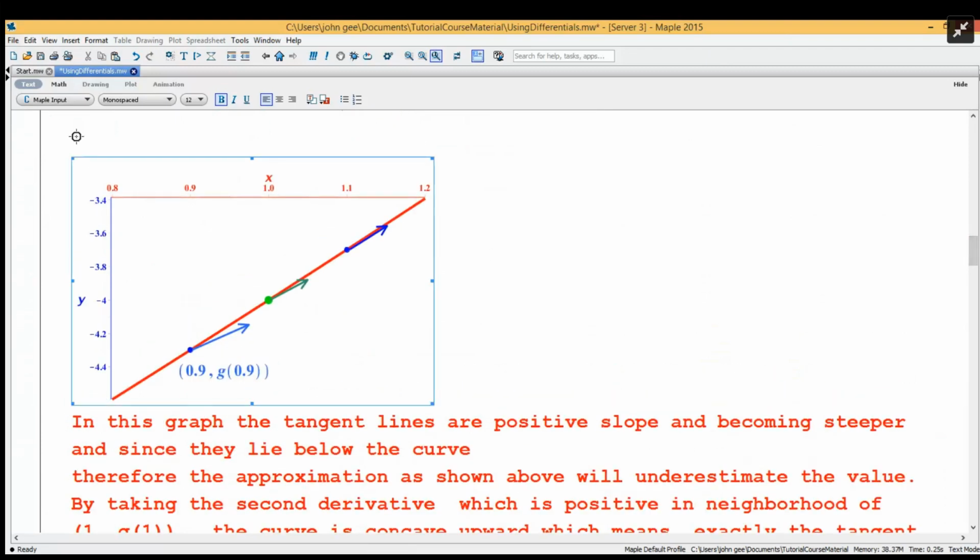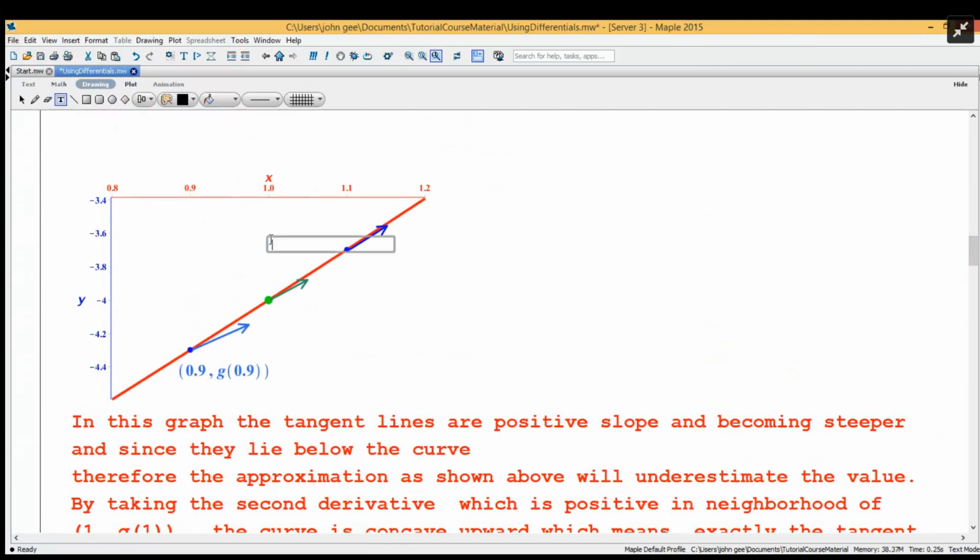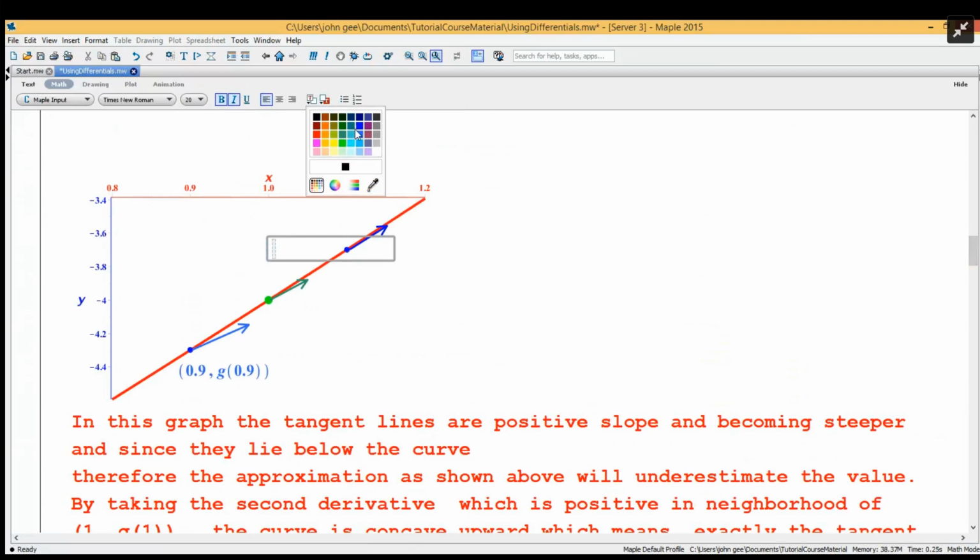This point is this point here. I should have put it in there. So that point is 1.1 and g of 1.1.